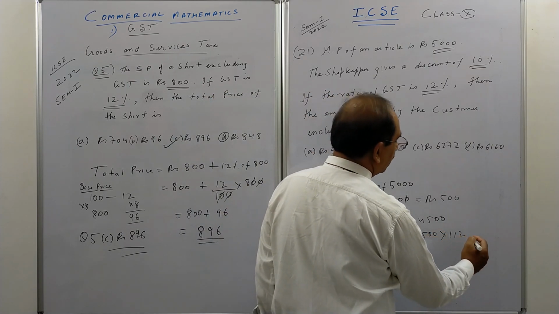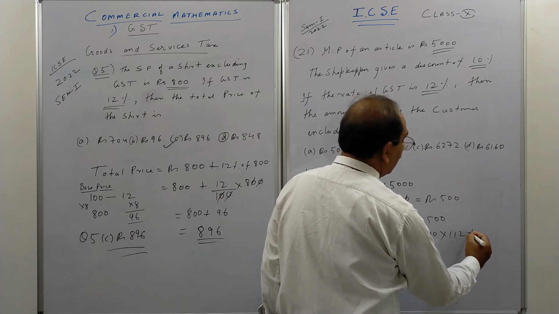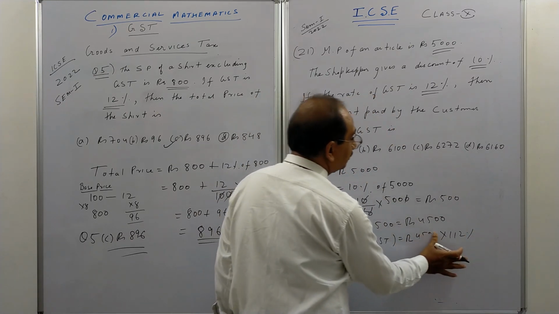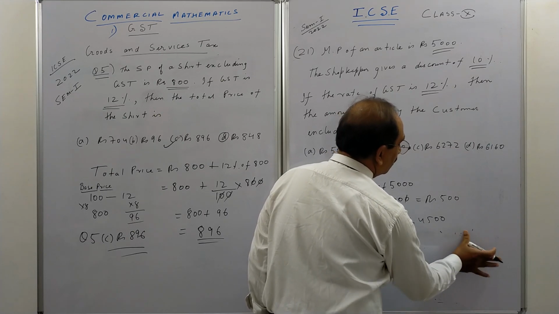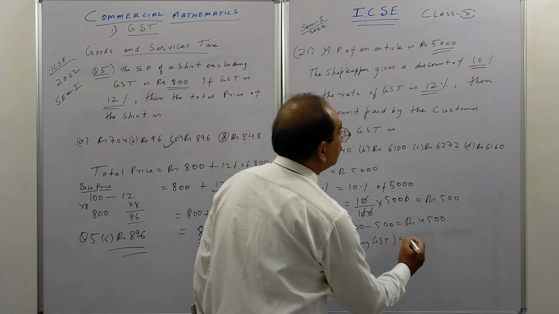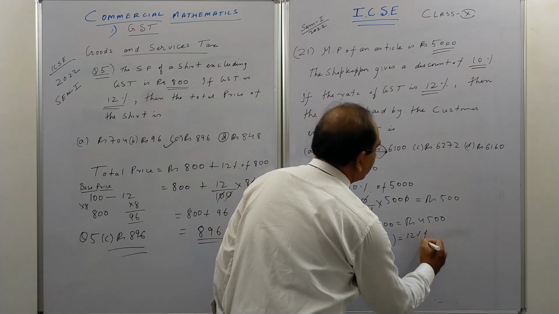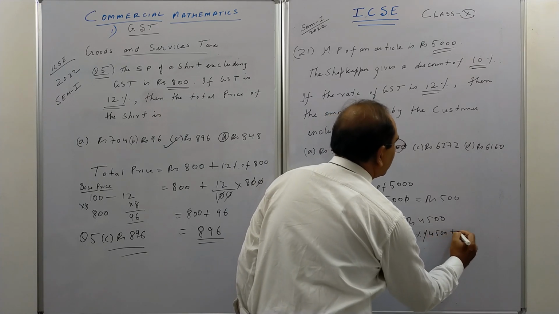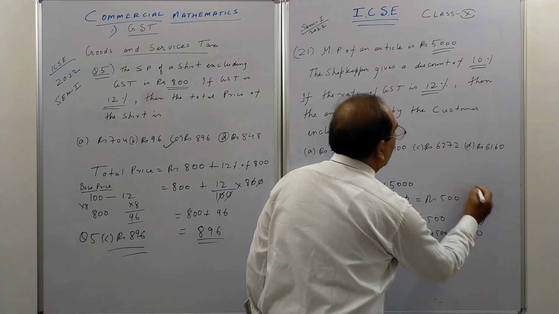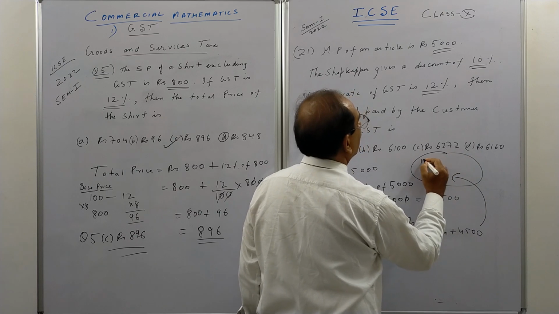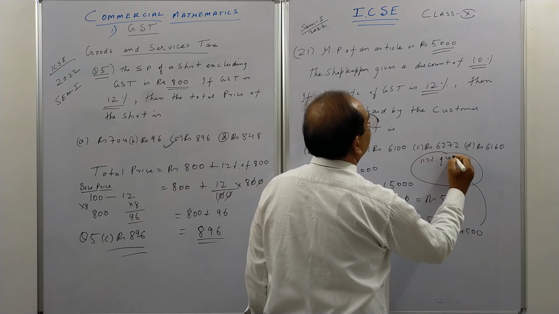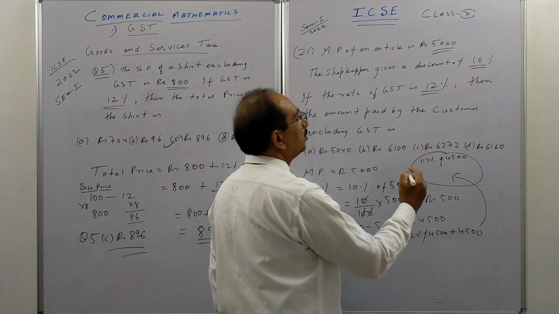This is one direct way, you can do 112% of 4,500. See, there are two ways. First is 12% of 4,500 plus 4,500, or directly what you can do is 112% of 4,500, because you have to pay the final price.